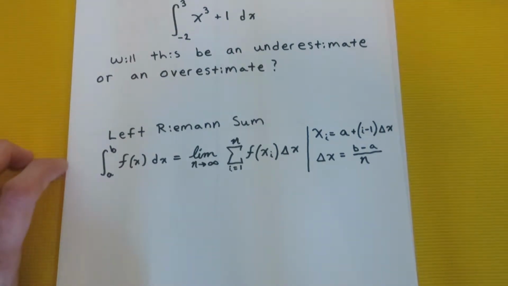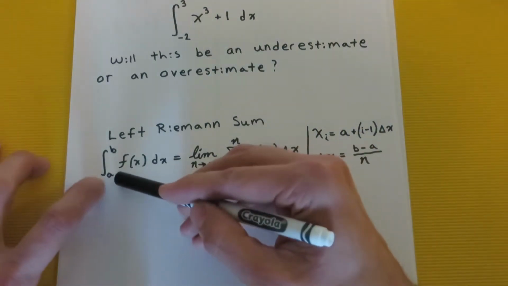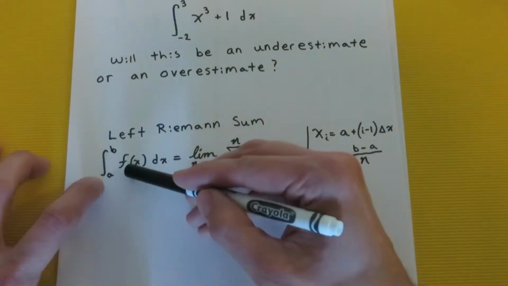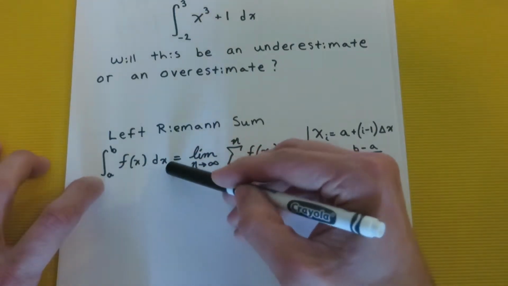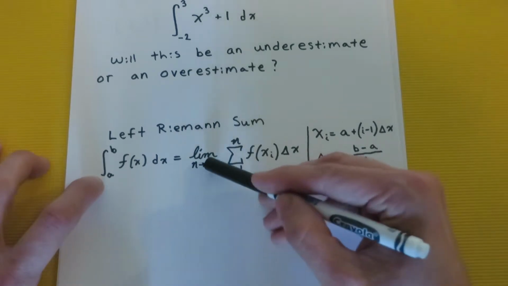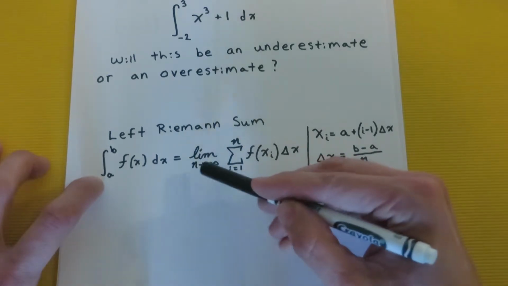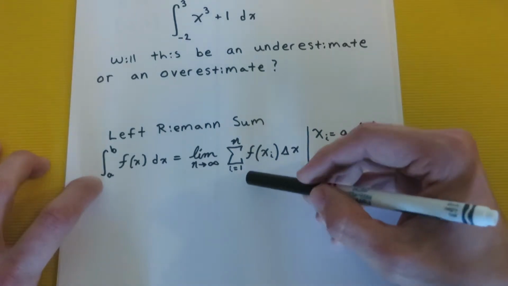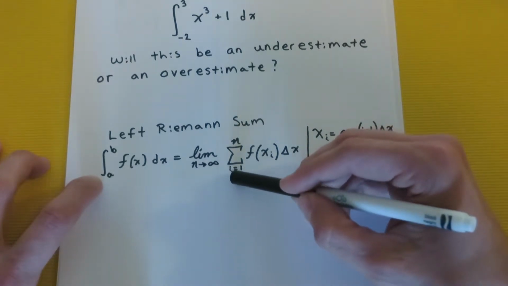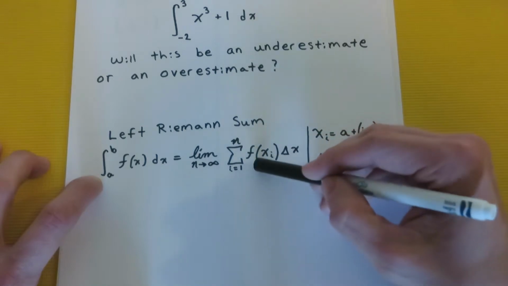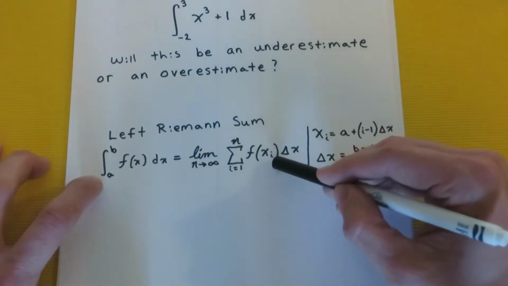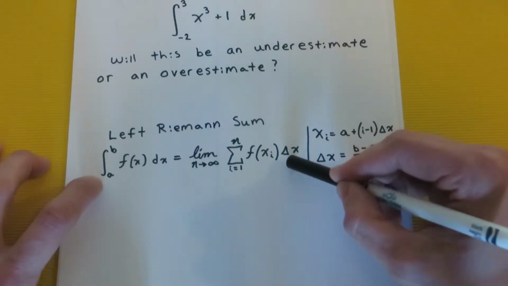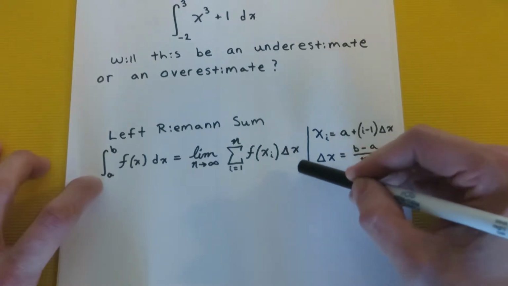The left Riemann sum just says that if we have the integral from a to b of some function f of x dx, this is going to equal the limit as n approaches infinity of the summation from i equals 1 to n of f of x sub i multiplied by our change in x, or delta x.